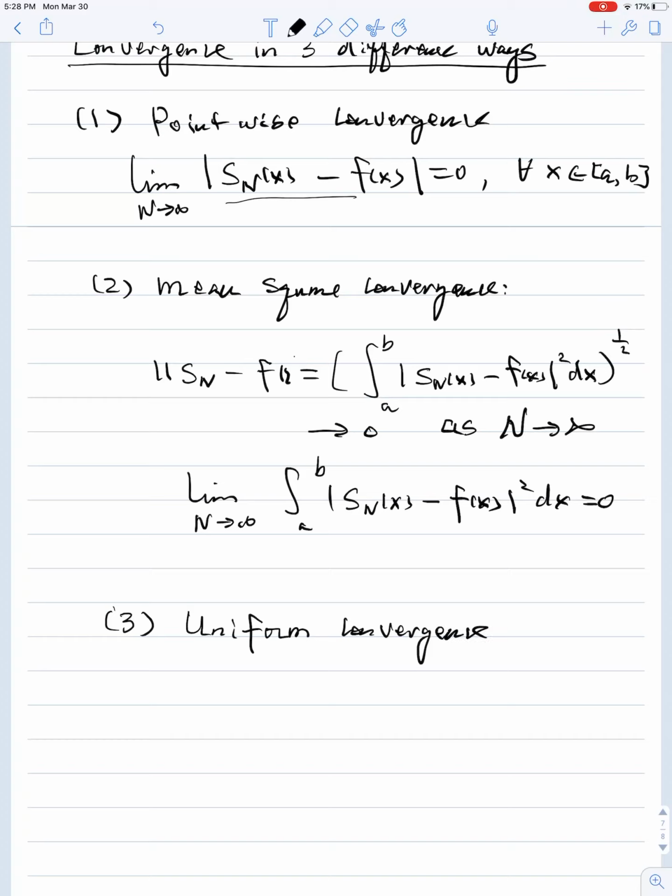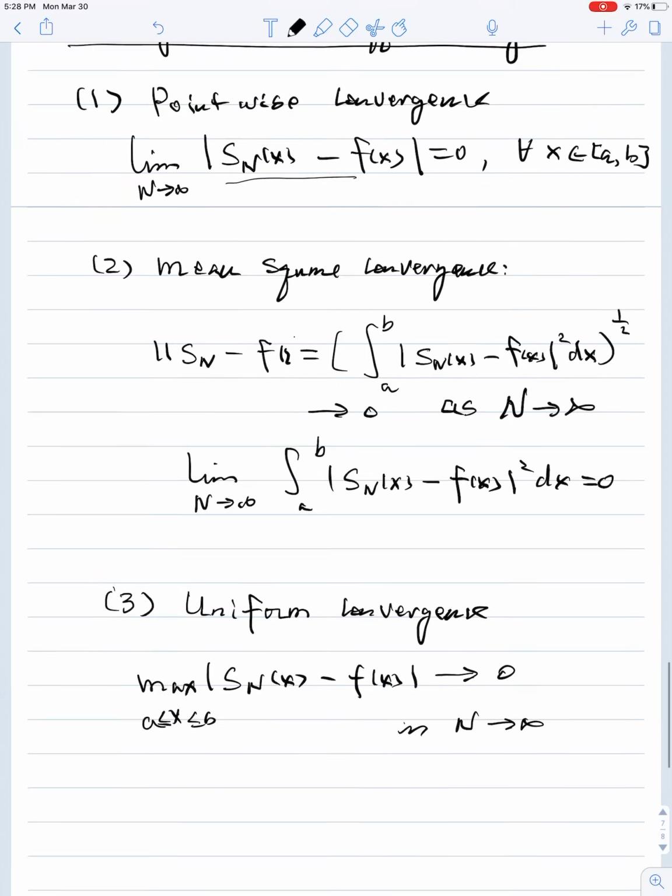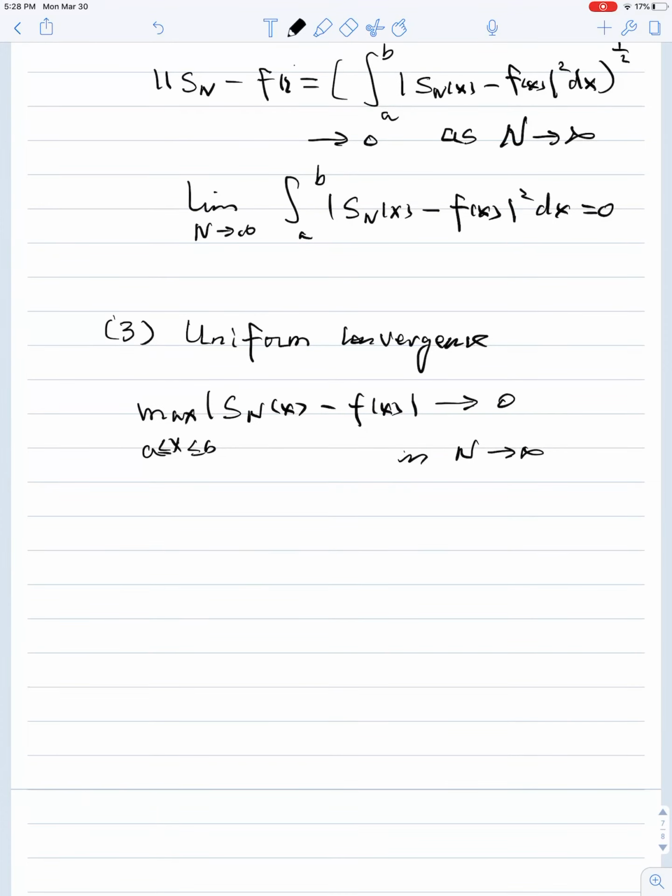Uniform convergence is that, instead of looking at this integral, we look at the maximum of this for x between a and b, assuming the maximum exists, and this maximum goes to 0 as n goes to infinity. So this is usually referred to as the uniform convergence.